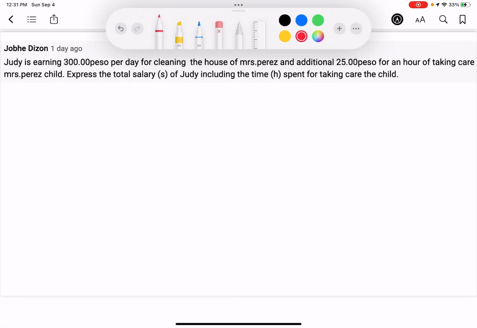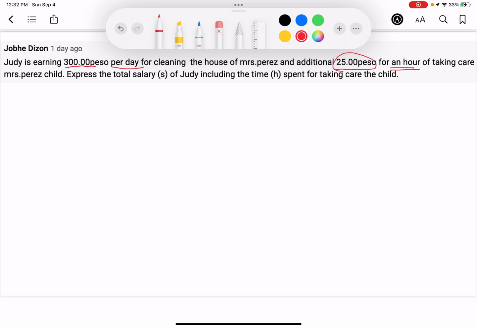Okay. Judy is earning 300 pesos daw per day, kada araw, for cleaning the house of Mrs. Perez and, ay may end siya, an additional 25 pesos kada oras for an hour of taking care of Mrs. Perez's child. So, sa madaling salita, meron na siyang fixed na 300 pesos sa paglilinis ng bahay the whole day.